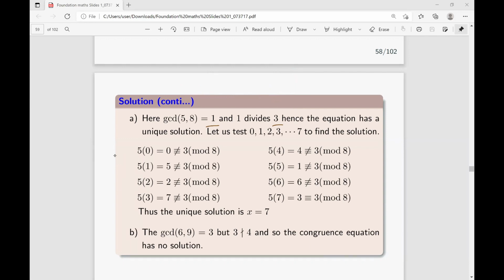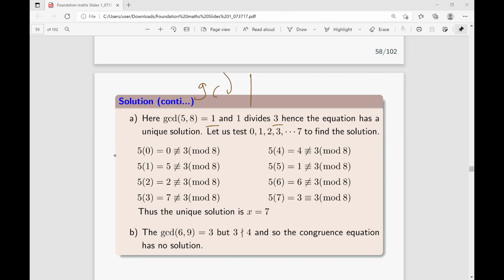If the GCD is 1, and if that one is dividing the number before the mod, then that system has only one solution. If the GCD is 2, and 2 divides the number before the mod, then that system has 2 solutions.